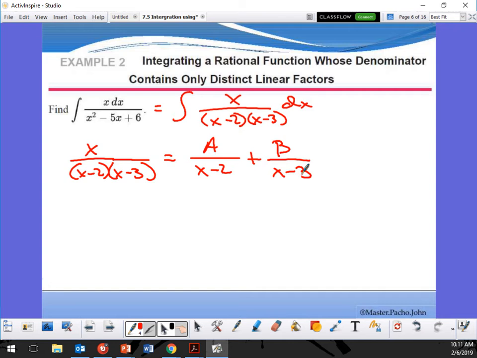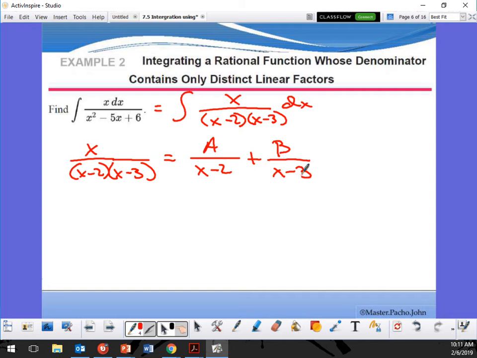So if I multiply both sides of this equation by that common denominator, what's going to happen to the left? The denominator goes away, right? That's going to help me out. But then over here, this is an x minus 2. What is this one right here missing? It's missing an x minus 3, right?